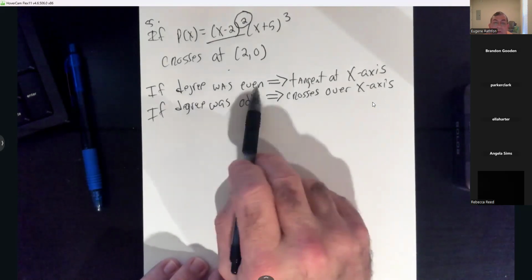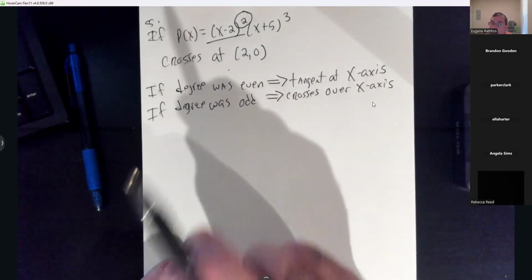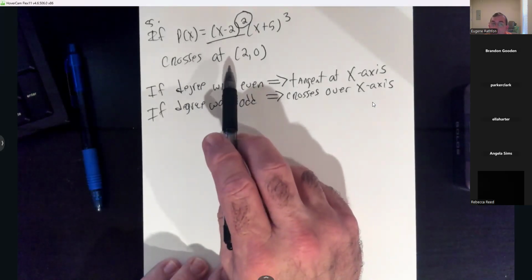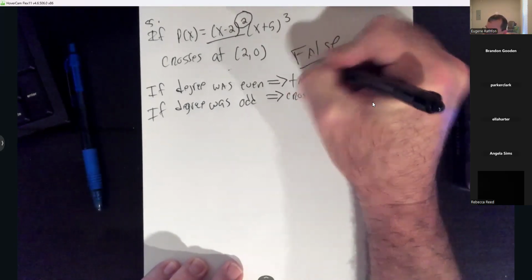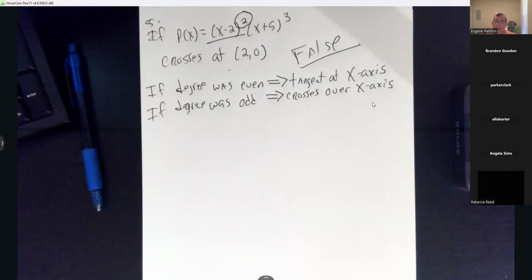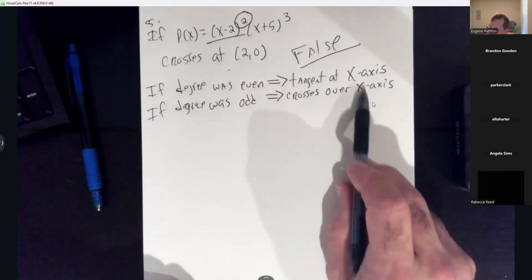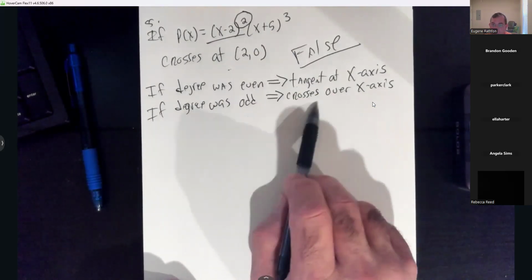But we said if the degree was even, it was going to be tangent at the x-axis and not cross. So this is definitely going to be false, okay? So even exponents are tangent, remember. Odd exponents are going to cross.